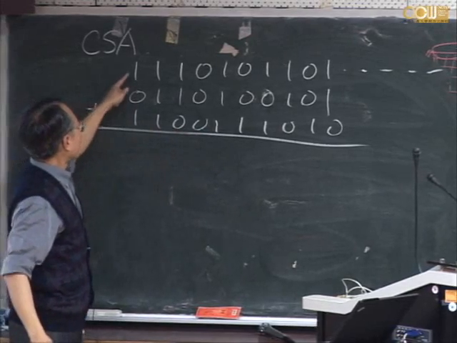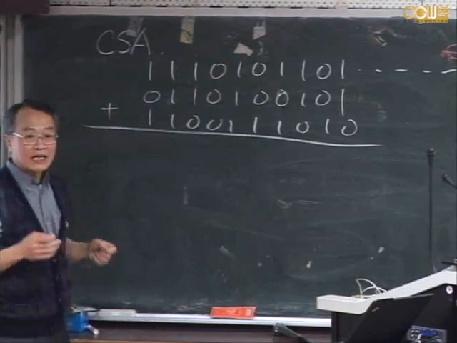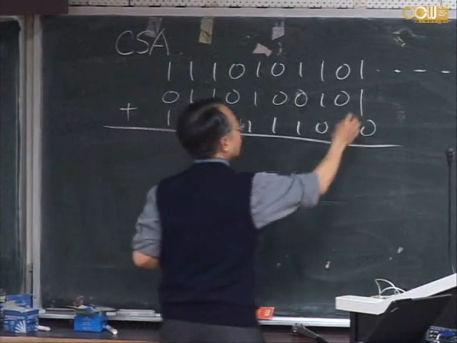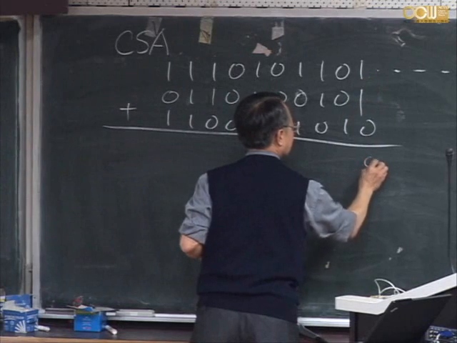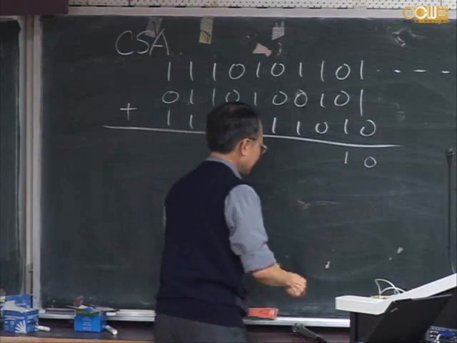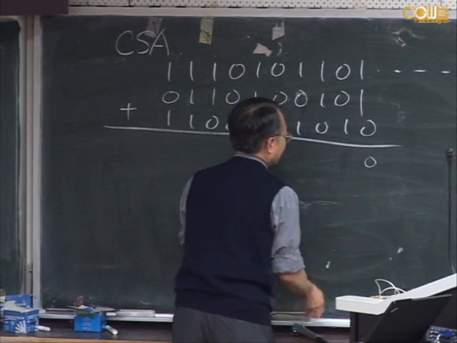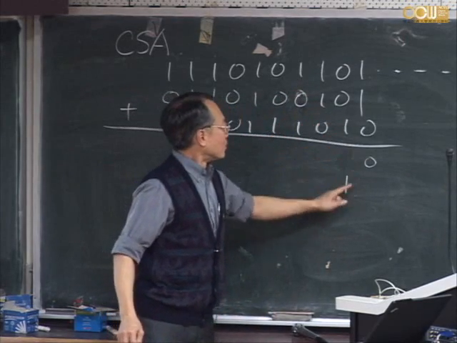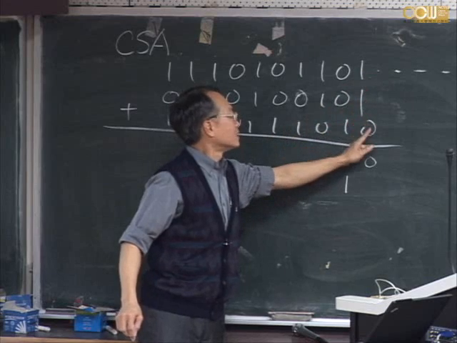You see, suppose I have these 3 operands. When I do bitwise addition, I get 0, 1 here. Wait, let me write it in this way. I get 1, 0, right? 1, 1, 0.